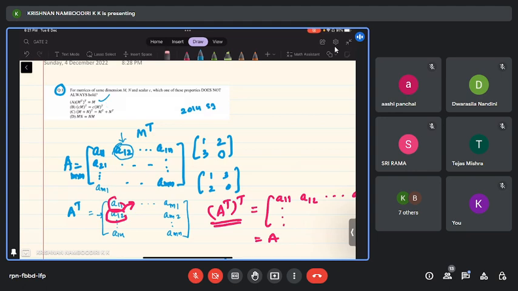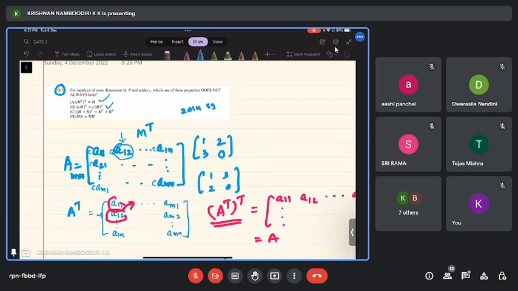Multiplying a matrix with the scalar means I am multiplying every entry with C. If I multiply with C before taking the transpose or after taking the transpose, that doesn't make any difference, correct? So the second option is also correct.